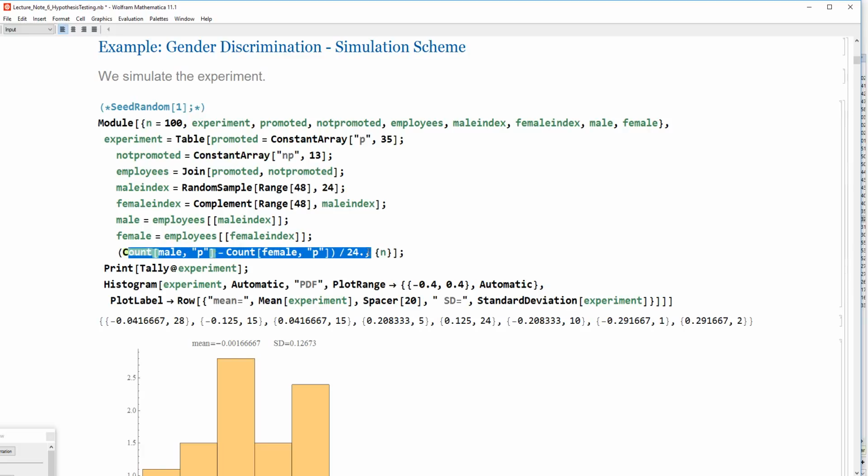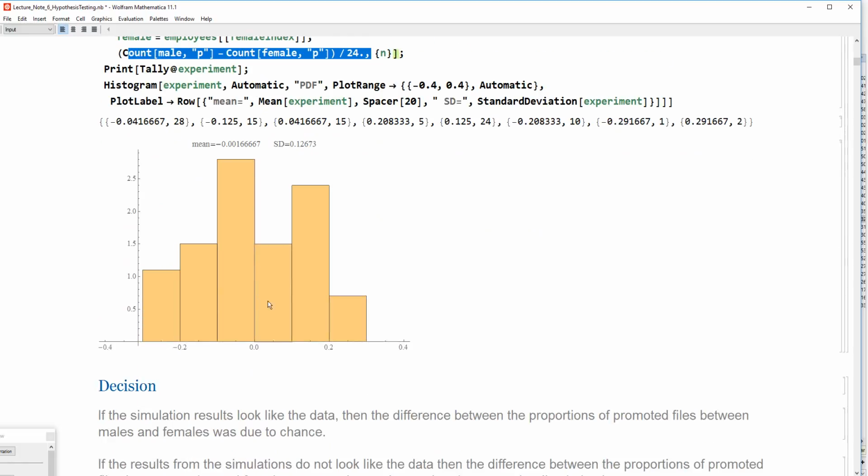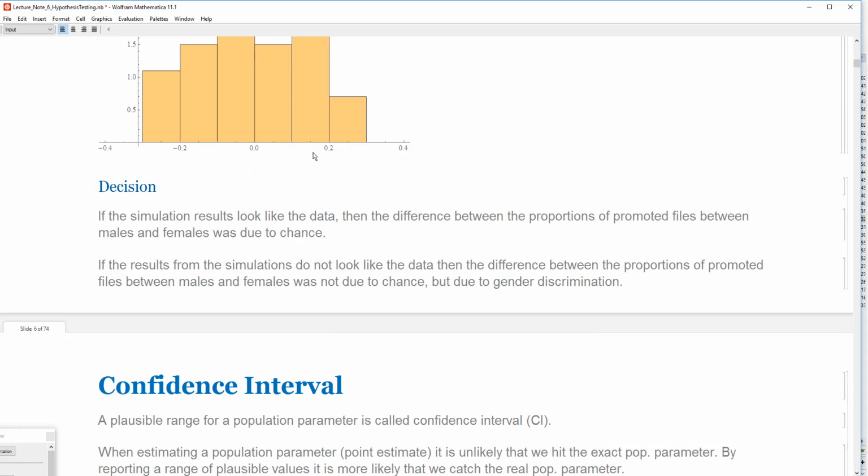That's the result. The mean value of the difference between male and female randomly promoted is about 0, with some standard deviation that I get here.